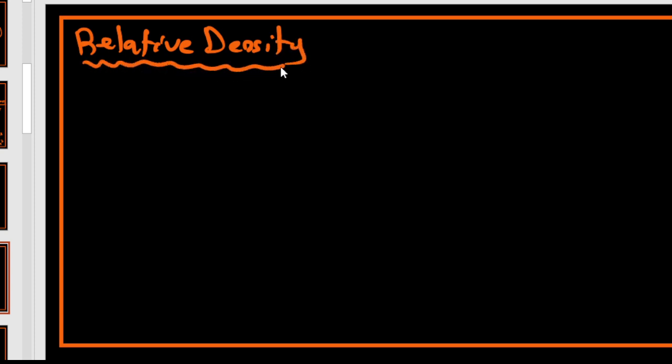Okay, so we have the next to be relative density. Now, when you hear the word relative in any setting, you are definitely comparing two things: relative density, relative humidity, relative velocity, relative whatsoever.